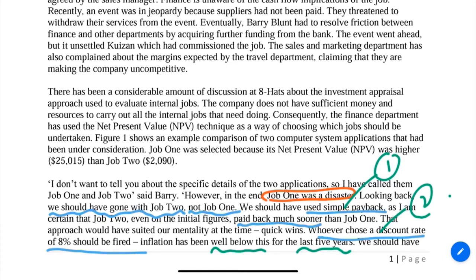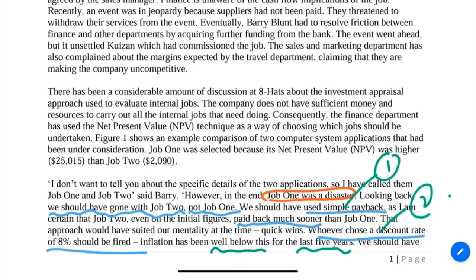Actually, why is job 1 a disaster? We are not sure why job 1 is a disaster at the end of the day, because we choose based on the higher NPV, right? Actually, there is nothing wrong with the concept, and nothing wrong with the discount rate either. Because if we choose to change to 3 or 4%, as Barry's highlighted to all of you here, at the end of the day your NPV will look even better.